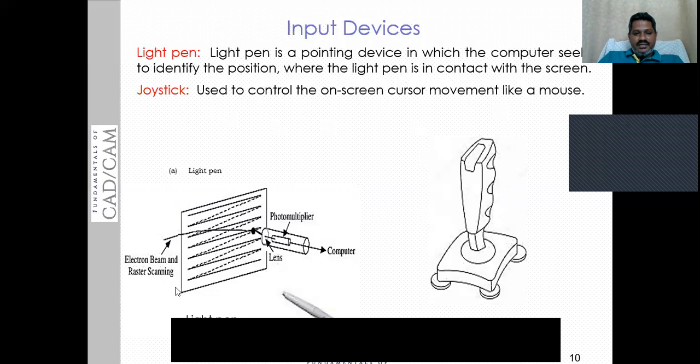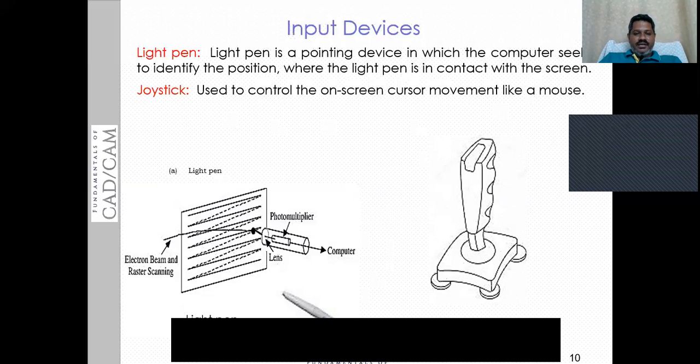We have a screen on which, whenever we move the light pen in contact with the screen, the pen moves on the screen horizontally as well as vertically. Basically, this light pen is energized electrically.